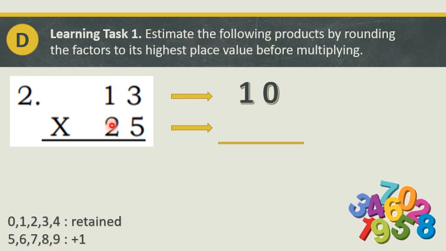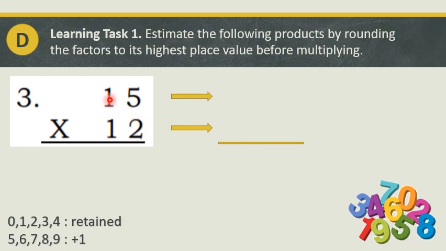So, ibig sabihin, ang 2 natin ay magiging 3. Kaya siya magiging 30. Ngayon, yung pag-multiply natin is 10 times 30. Ilan po yung 0 ng 10 and 30? So, 1, 2. So, bali dalawa. And then, pag-multiply na natin yung hindi 0, so yung 1 times 3 is 3. So, kaya ang answer natin is 300.